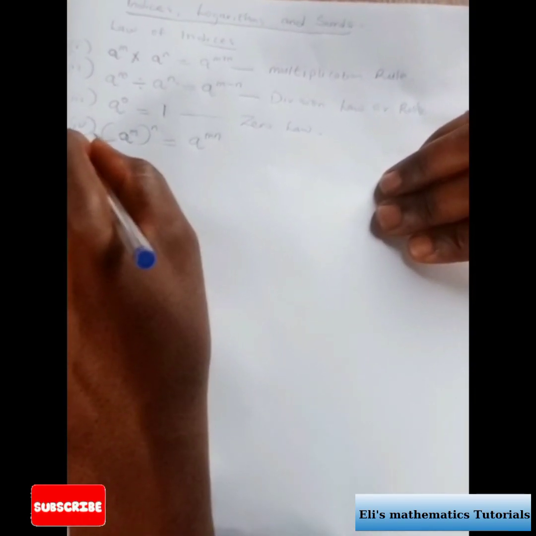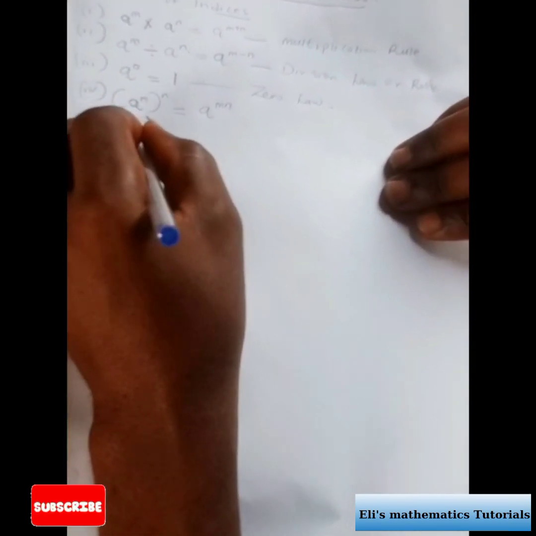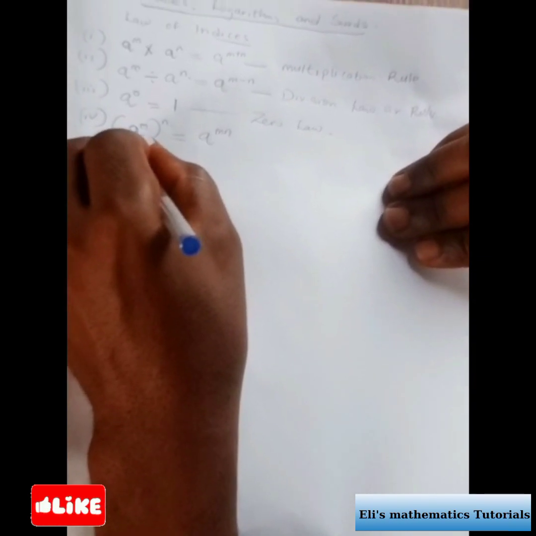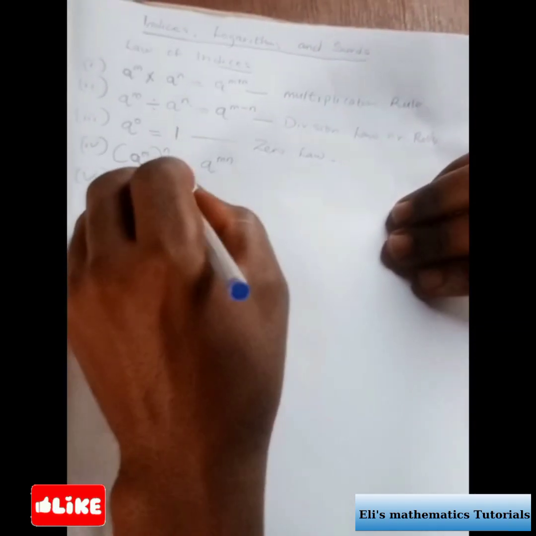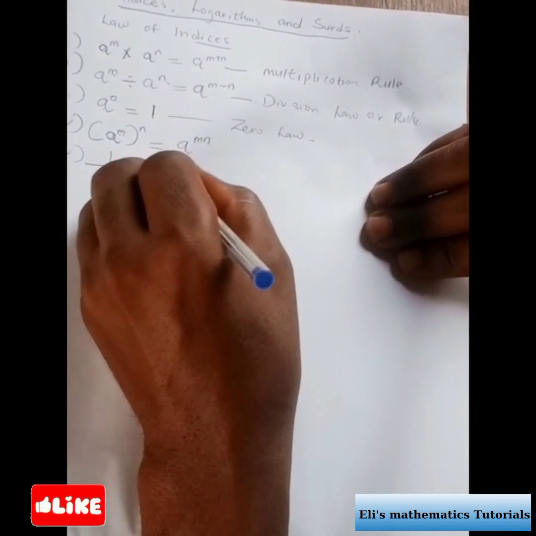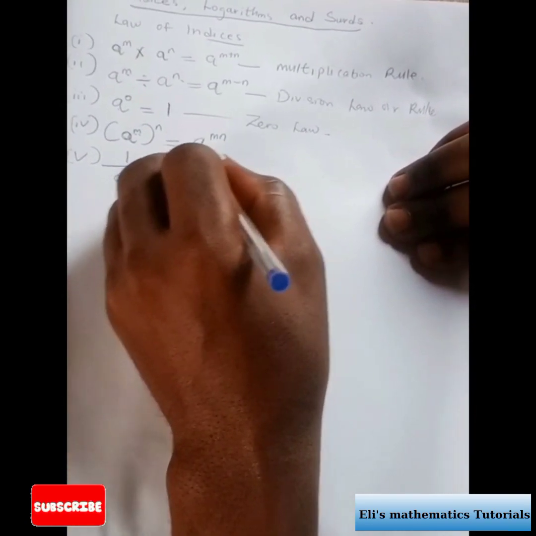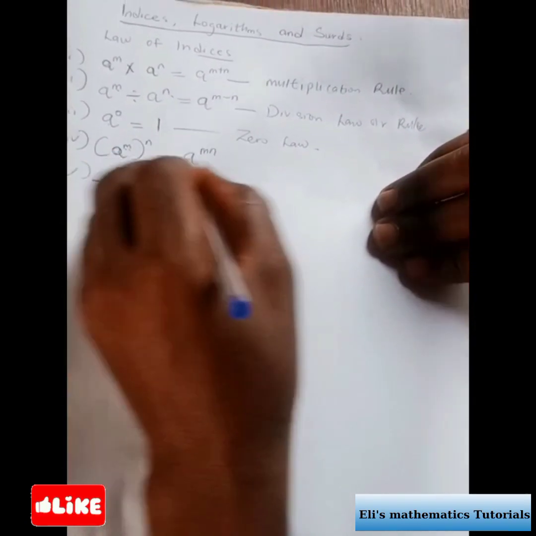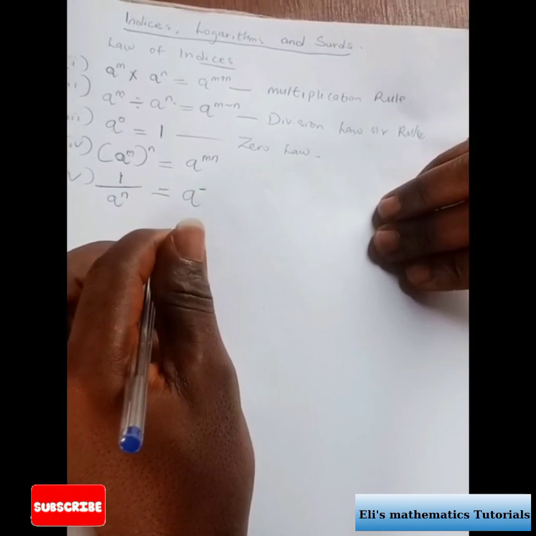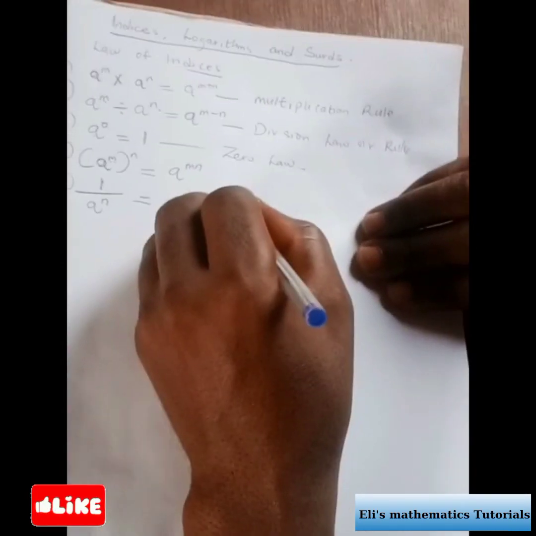Then number 5, we have 1 over a raised to power n, which is equal to a raised to power minus n. This minus is the same thing as the 1 over, or you can do the reverse.